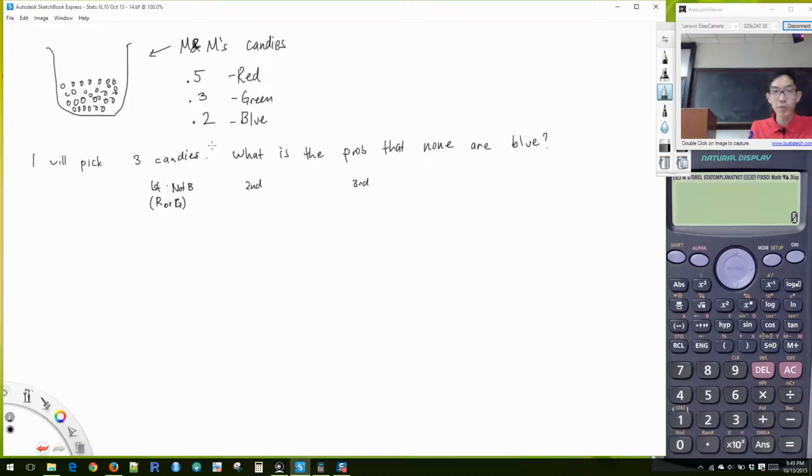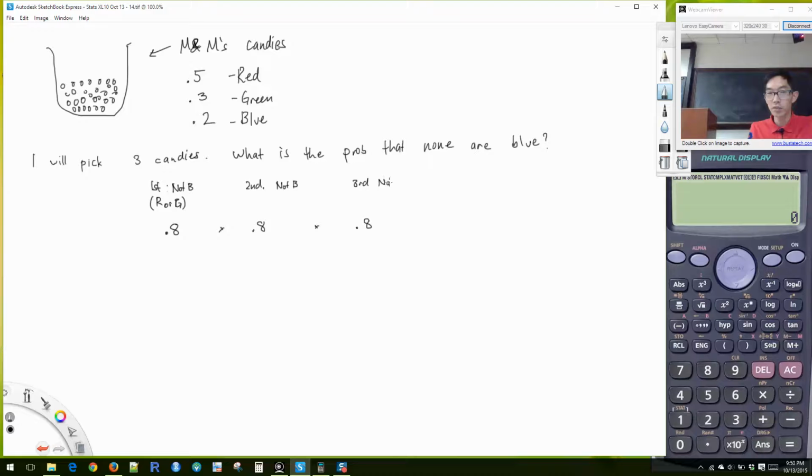What's the probability that I get a red or green piece of candy? 0.8, right? What has to happen on the second candy? Same thing, so I'm also going to have 0.8. And the third candy also has to be the same thing, so I have a probability of 0.8.